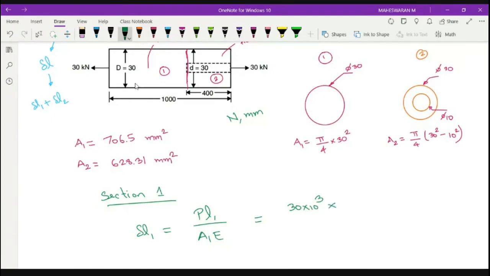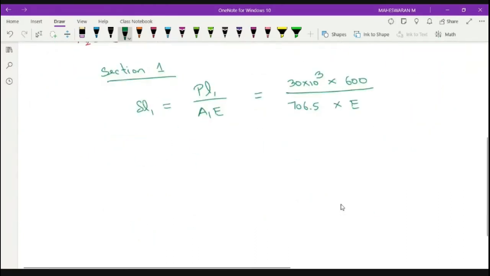What is the length for this segment? This is 1000 minus 400, so we get 600. 600 is my length of this segment, divided by A1. A1 we already identified as 706.5, and E, I don't know the value of E. Let me consider like this. Right. So can you solve and tell me the value for this?